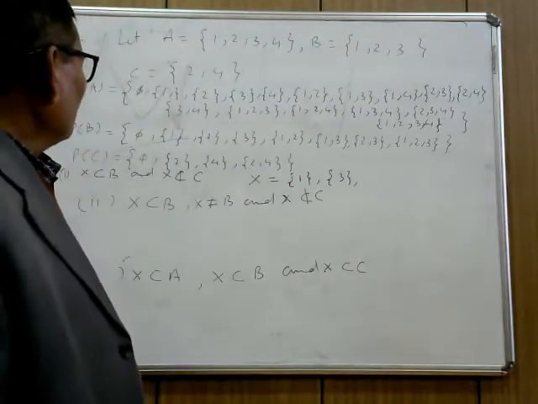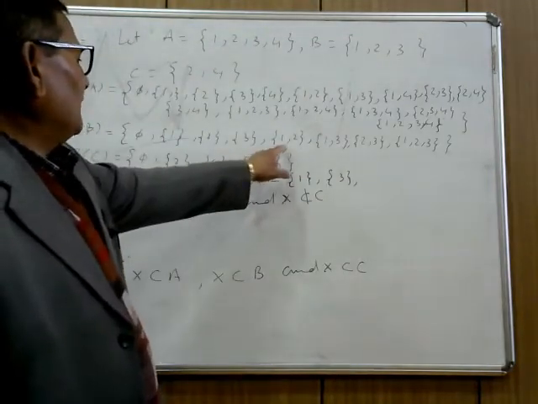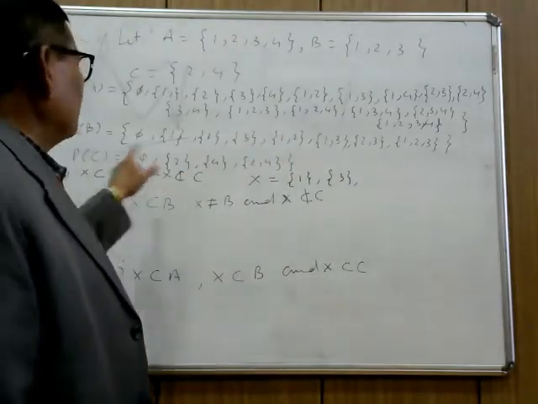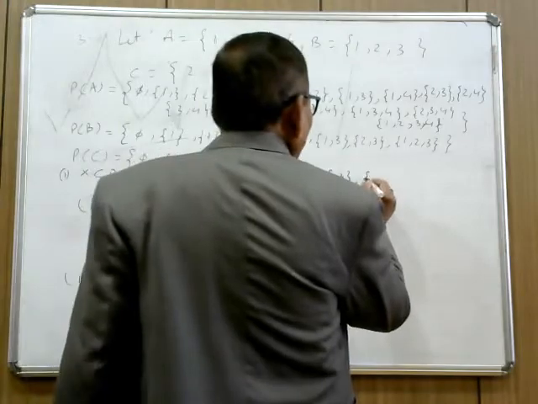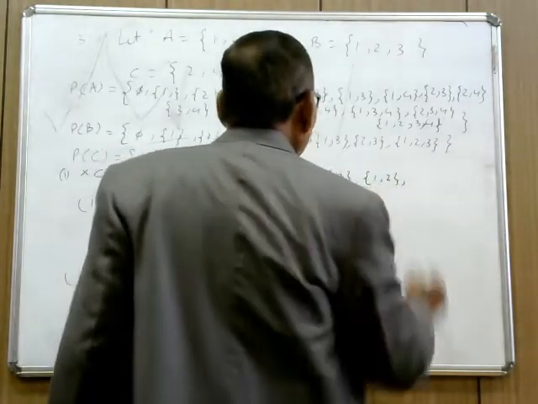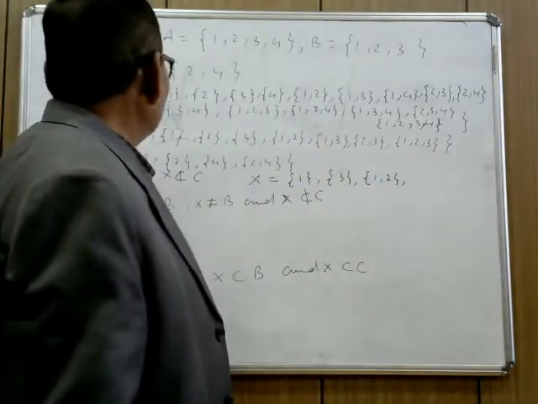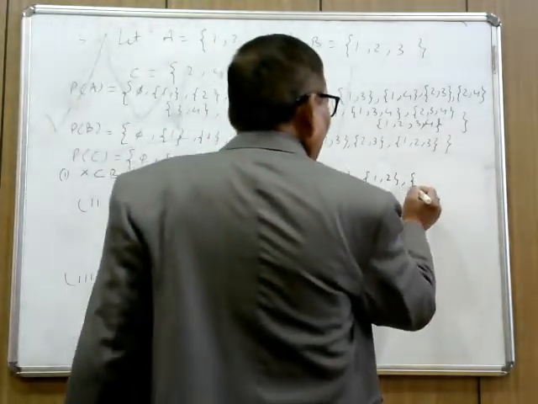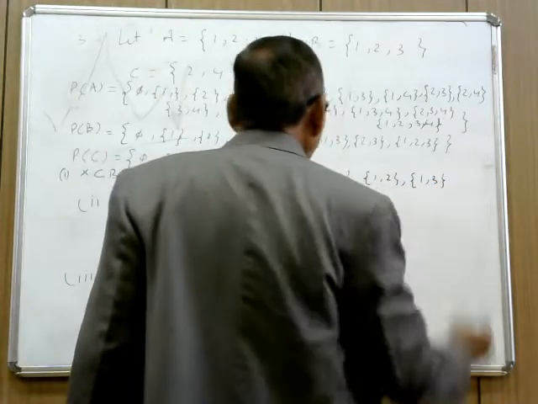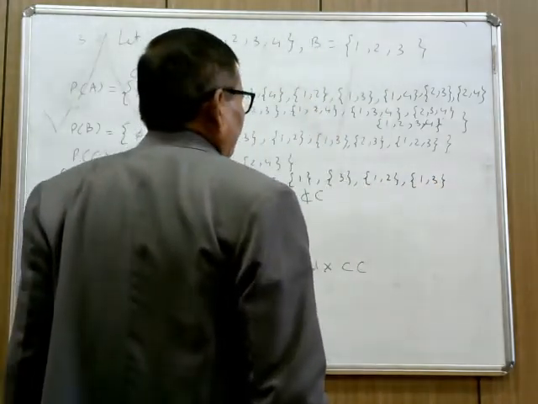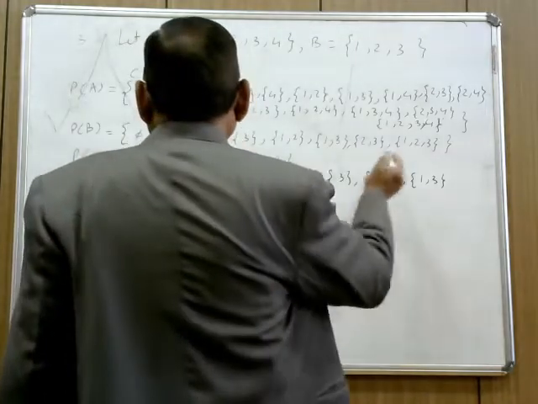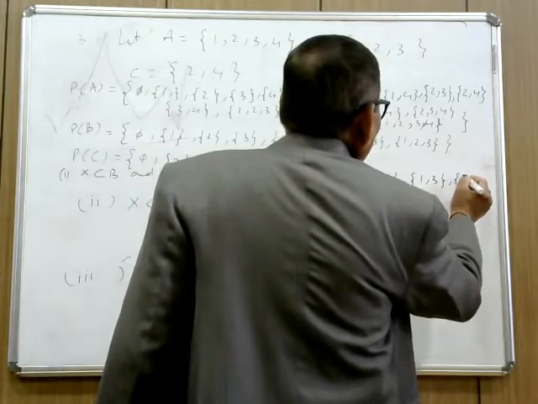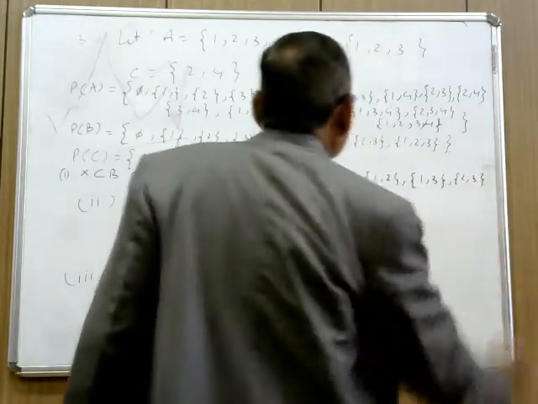Now the set containing 1, 2 is a subset of B, but not a subset of C. So 1, 2 is taken as X. 1, 3 is a subset of B, but not a subset of C. I hope that you understood this concept. 2, 3 is a subset of B, but 2, 3 is not a subset of C. So this includes 2, 3 also.